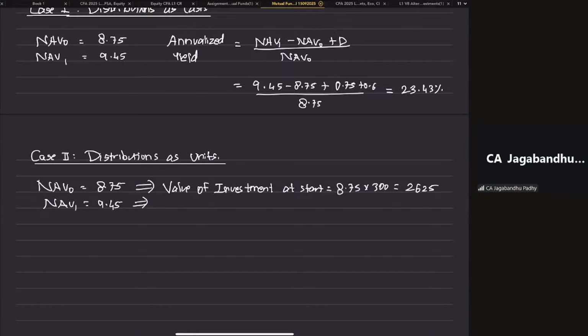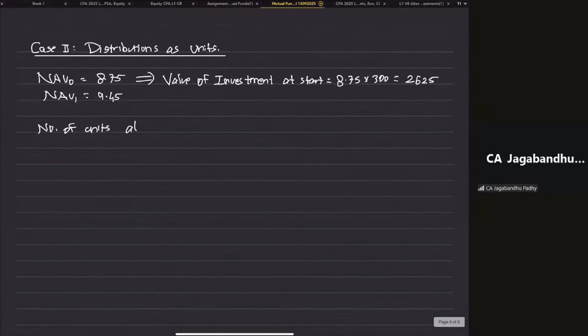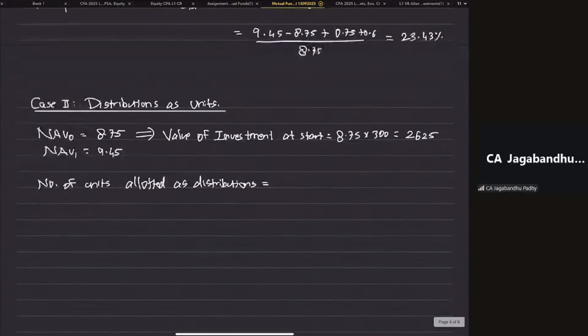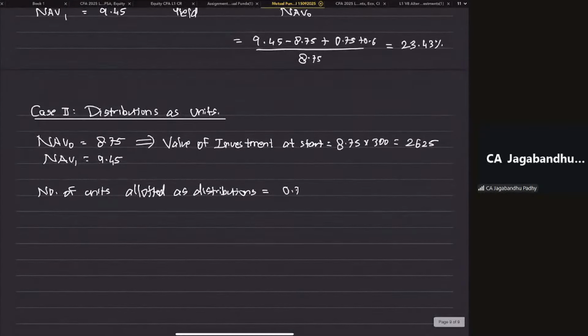Now, of course, value of investment at the end of the year, I can't multiply it with 300, because I need to look at the number of units allotted as distributions. What will be the number of units allotted as distributions, guys? It's the dividend and appreciation, 0.75 plus 0.6 into 300, divided by 8.65.